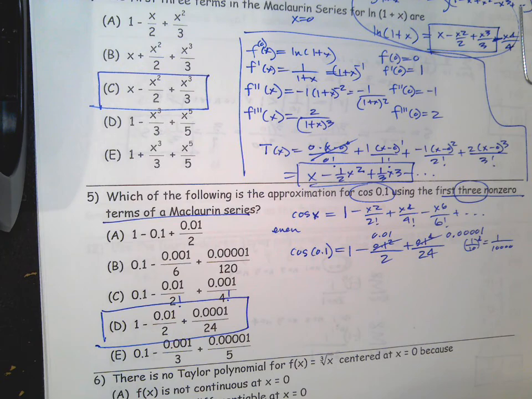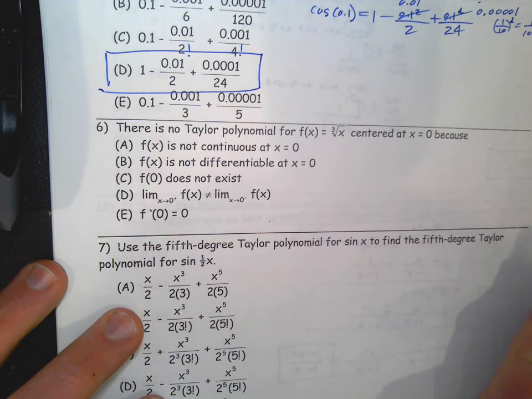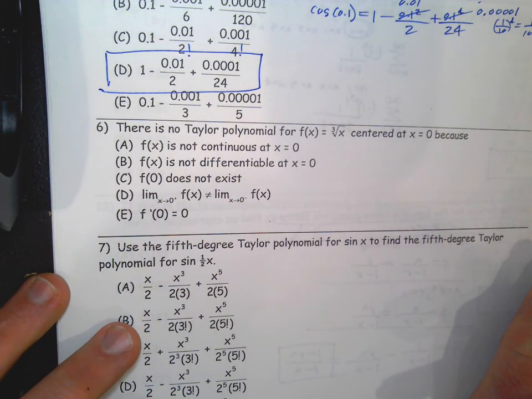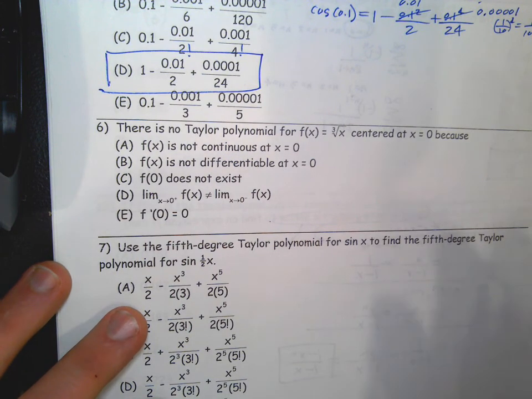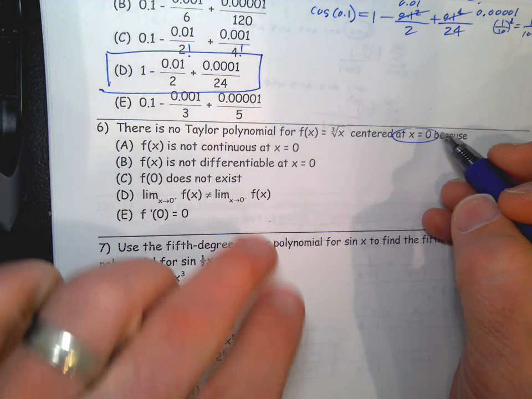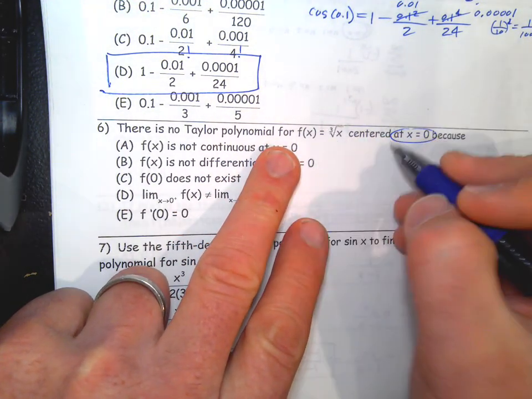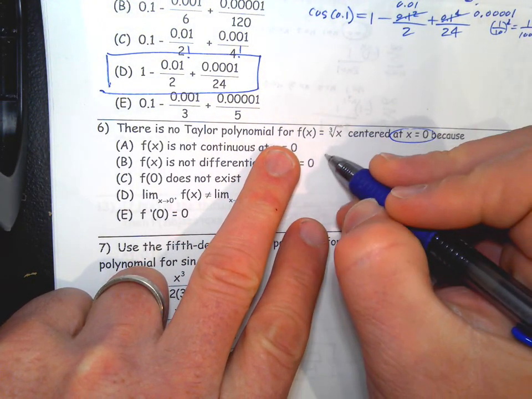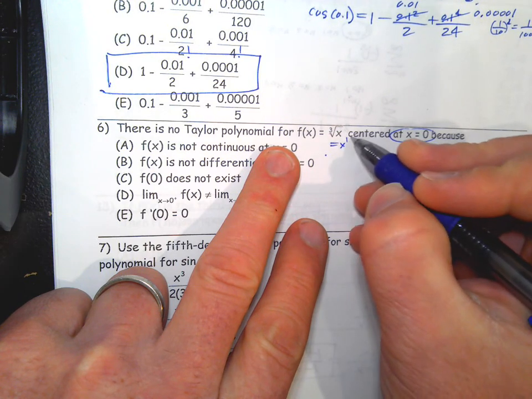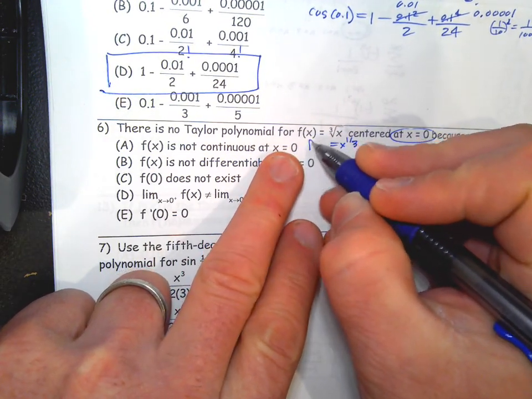There you go. Number 6, there is no Taylor polynomial for this function centered at x equals 0, because a Taylor polynomial centered at x equals 0 requires that you evaluate all these values at 0. So this is x to the 1/3, right?